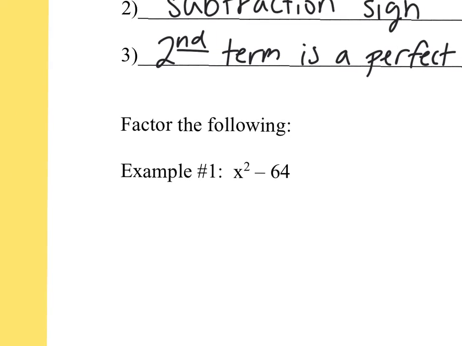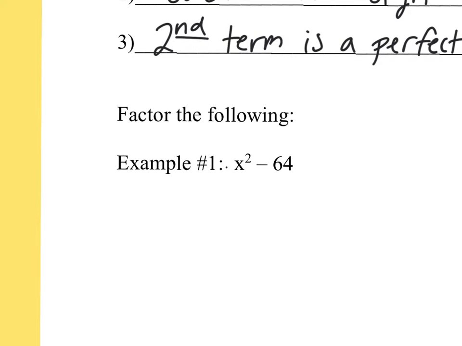So looking here on example 1, my first term here, we said x squared. That is a perfect square, right? Is 64 a perfect square? Yeah, what is it? Yep, 8 times 8. So how do we do this? We know our first term, the square root of that is x, and the square root of the second term is 8.